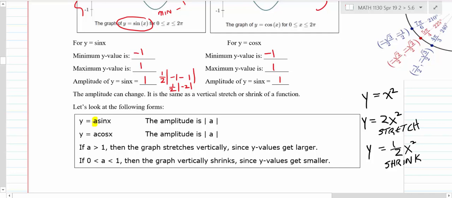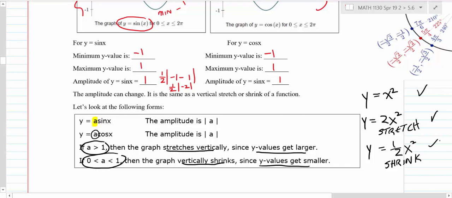So if you have a number in front of the sine or cosine, and if that number is bigger than 1, then it's going to stretch vertically because the y values get larger, okay? And if you do a fraction between 0 and 1, it's a vertical shrink because the y values get smaller. So you're not learning anything new. It's just that we're calling this an amplitude in a trig function.